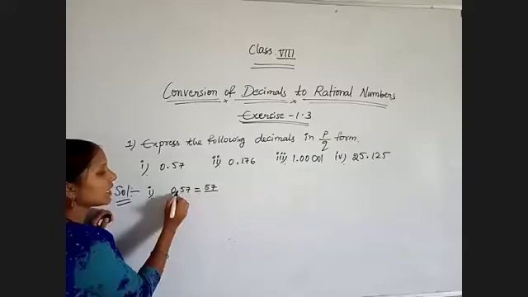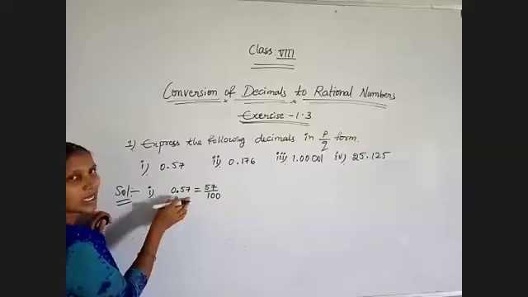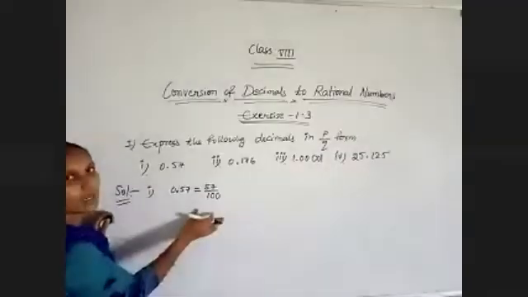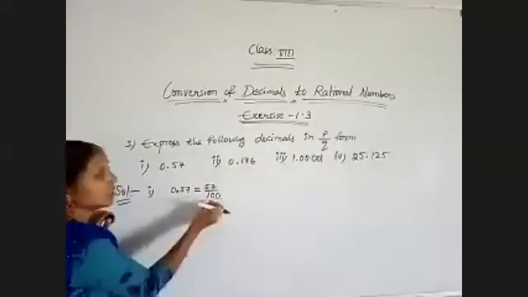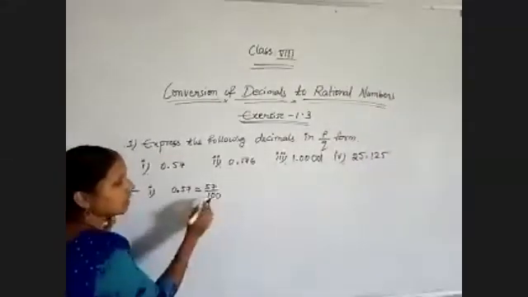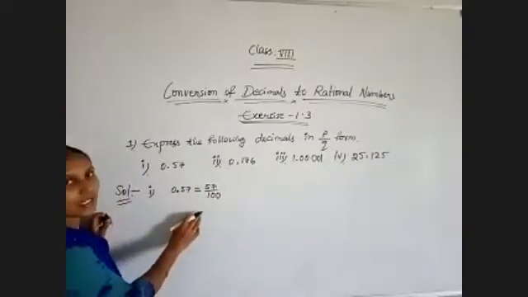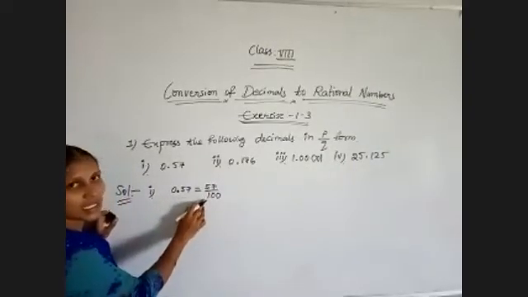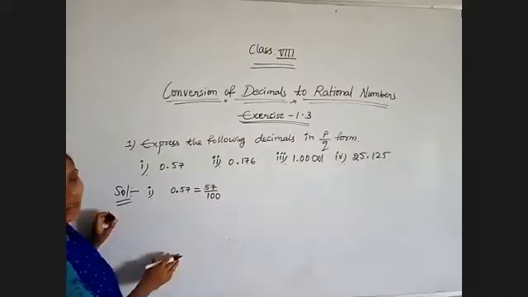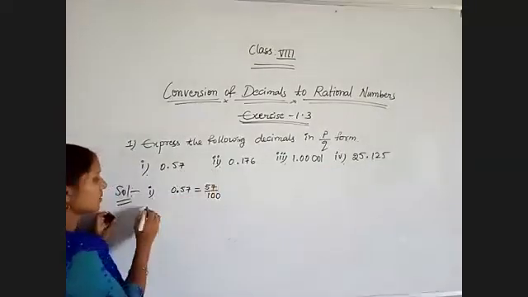It is very simple. Whatever decimal number is there, we will convert it into a decimal fraction, including 0, 0 in the denominator. If cancellation is possible, do the cancellation. If it is not possible, leave it. So already it is in the simplest form. Now coming to the next.